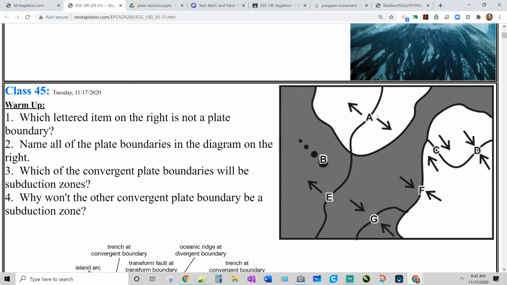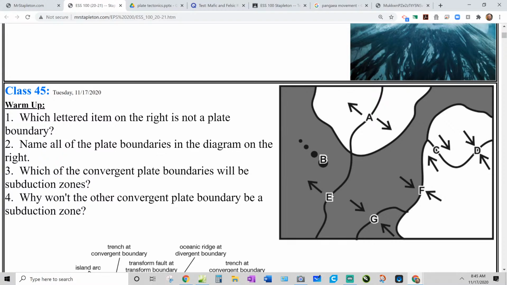A is like Africa. Africa is splitting apart. B is like Hawaii. C is like the San Andreas Fault in California. We haven't done that yet. D, this is like the Andes Mountains in South America. No. D is like Mount Everest. D, we have continent-continent convergent. You could either say it's like the Himalayas or like Mount Everest.